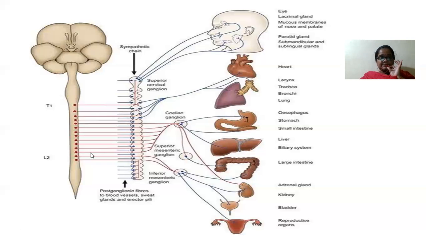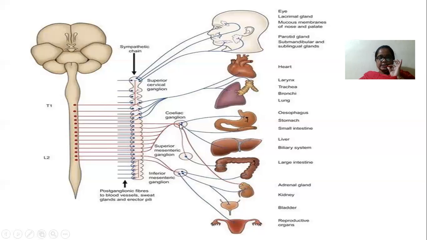In the sympathetic nervous system there are two ganglia: the sympathetic trunk ganglion and the prevertebral ganglion. The sympathetic trunk ganglion is present on either side of the vertebral column, arranged in a vertical row. But the prevertebral ganglion is present anterior to the vertebral column.